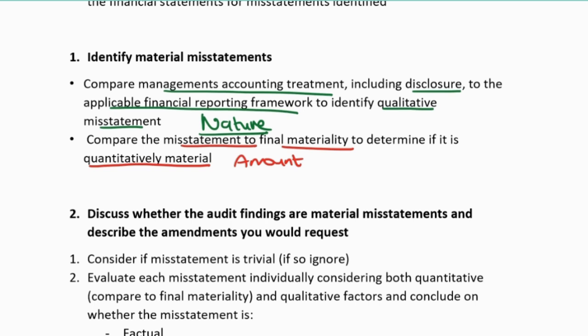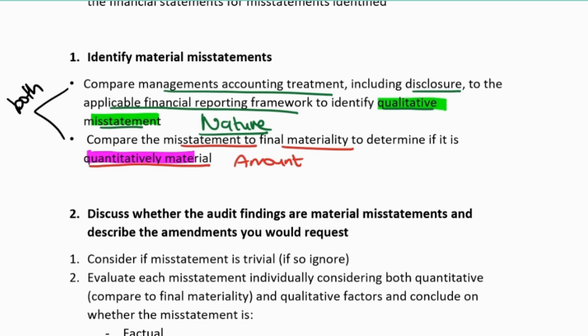So when I have to identify if there's material misstatements, I need to do both to see if we've got quantitative and qualitative misstatements. So they will give you a list of misstatements and you just need to do these two comparisons to see if they are either or.